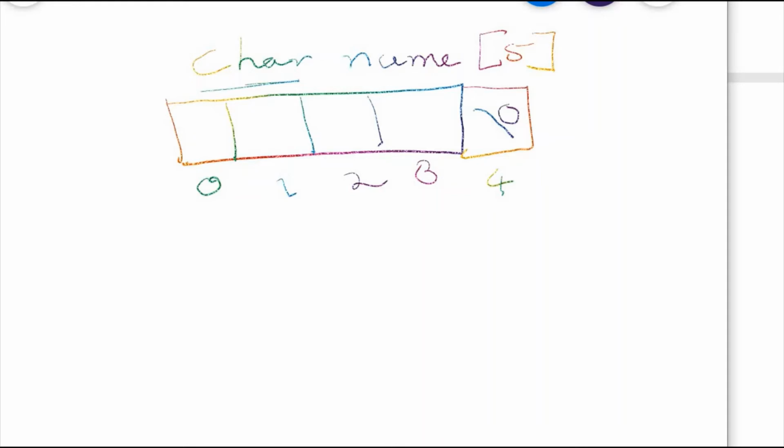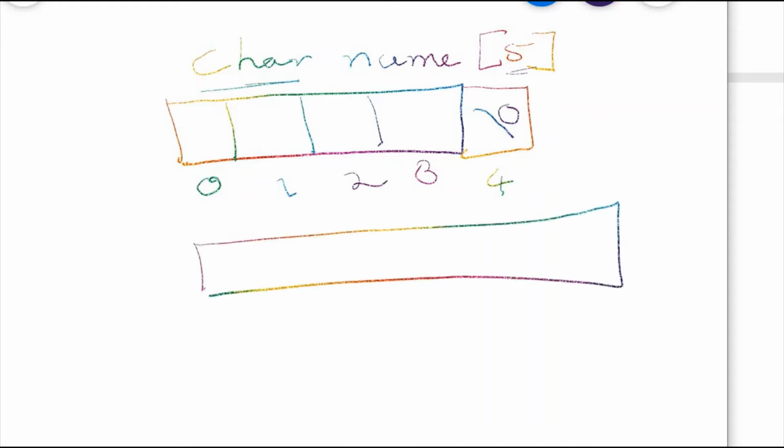Though I declare the array size as 5, I may not be using all 5 locations in the memory. Say, for example, I have declared the array size as 25.